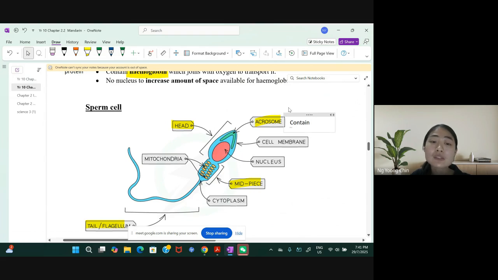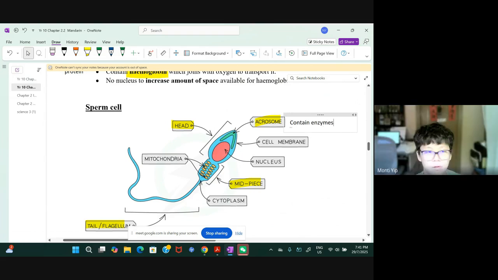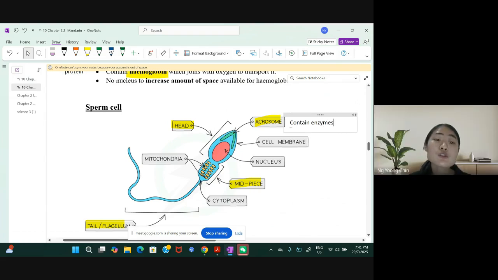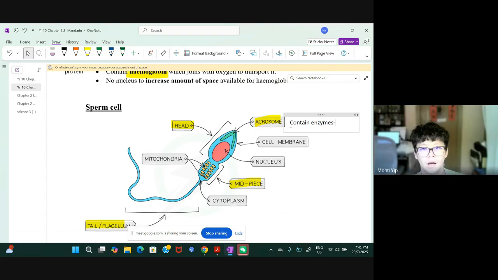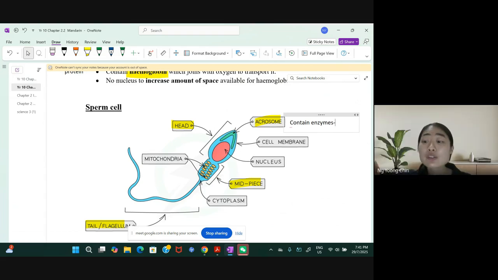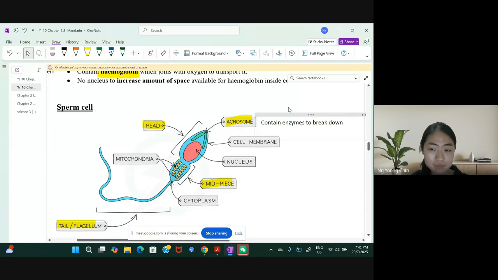The function of the sperm cell is to fuse with the ovum and undergo fertilization, right? So they need to penetrate the outer membrane of the ovum. They contain enzymes to break down the outer membrane, called the zona pellucida.